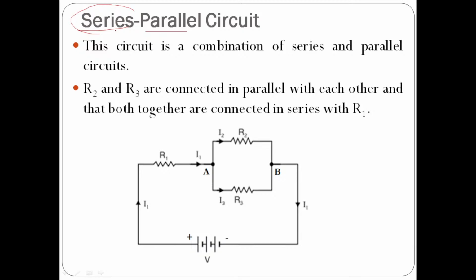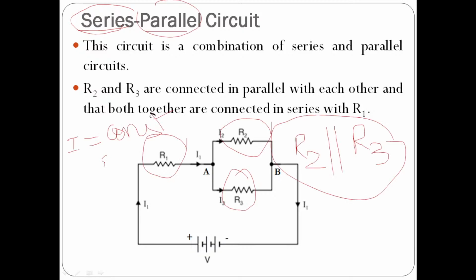Now how is this parallel combination connected to R1? I have already told you, if elements are connected in series, current is constant. Current remains the same.